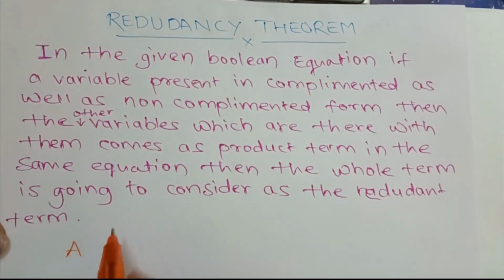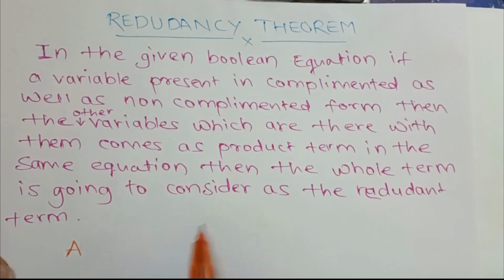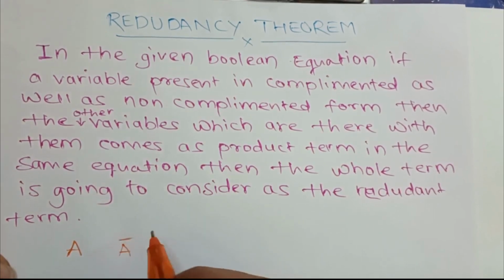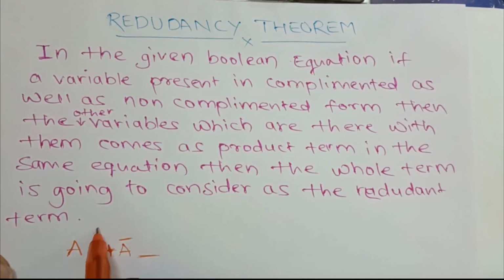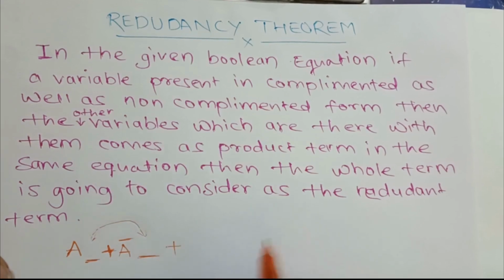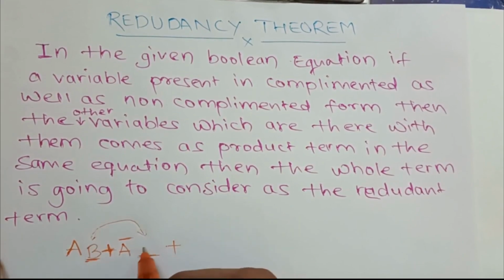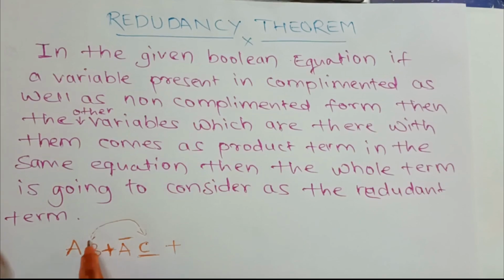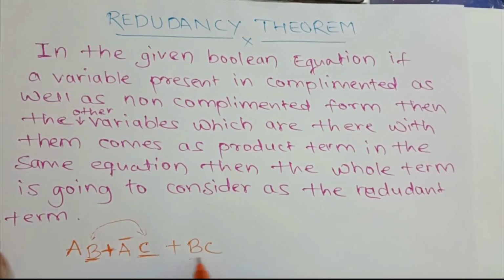If the non-complemented form A is there and along with that the complemented form A bar is also there, then the terms which are there along with A and A bar, suppose here is B and here is C, if the product of B and C comes in the same equation, then that product term is going to be considered a redundant term.